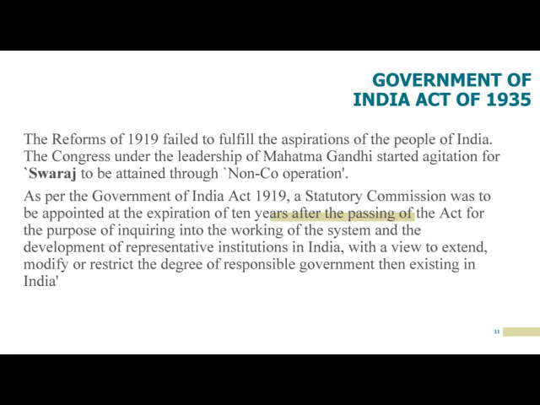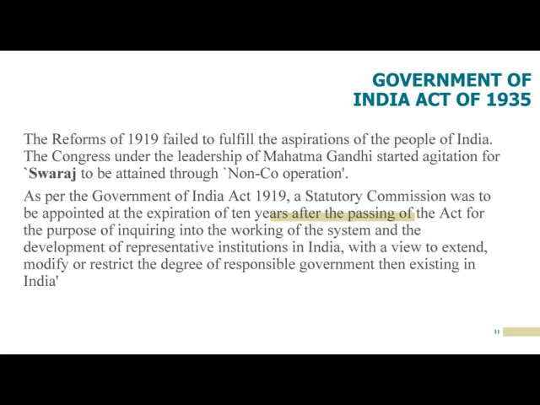The Congress under the leadership of Mahatma Gandhi started agitation for Swaraj to be attained with the help of non-cooperation. Gandhiji laid down the concept of Swaraj, to be attained with the help of the non-cooperation movement.